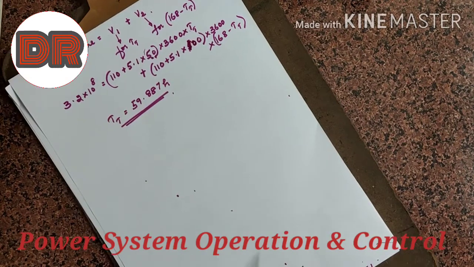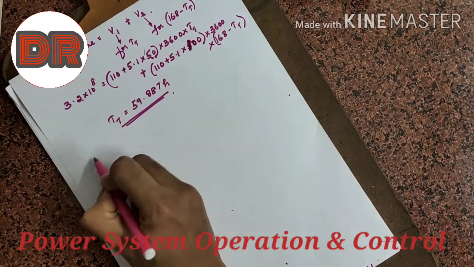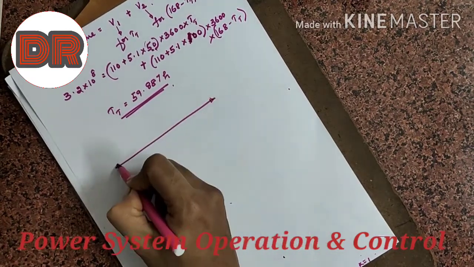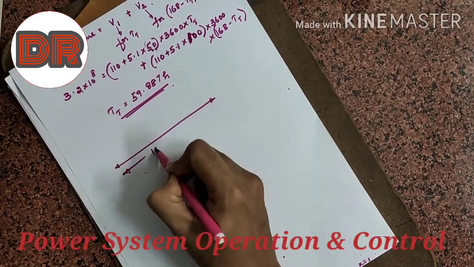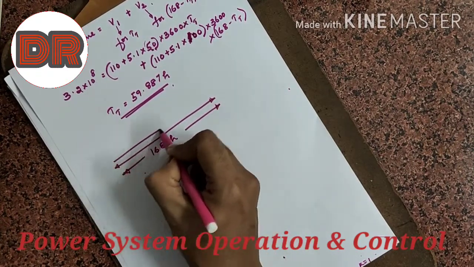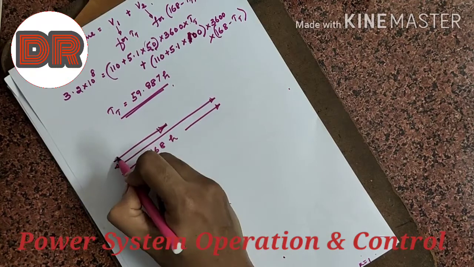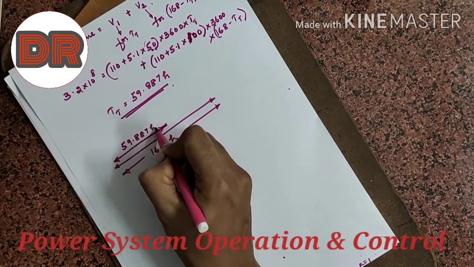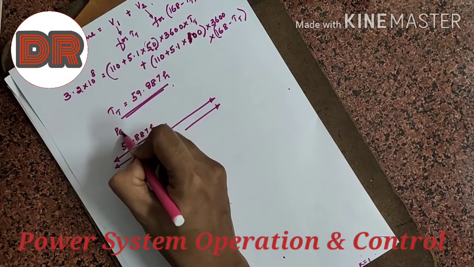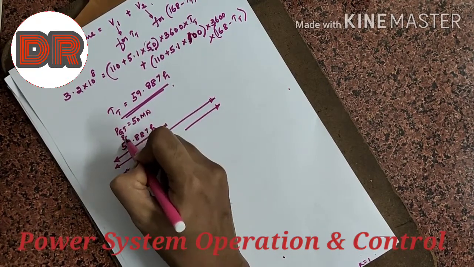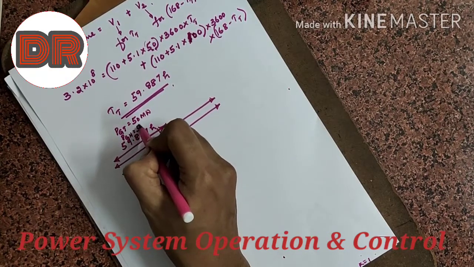59.887. So what is the remaining time? So we can write the scheduling will be, the total is 168 hours. Out of 168 hours, for TT, that is 59.887 hours, PGT is 50 megawatt and PGH is also 50 megawatt.